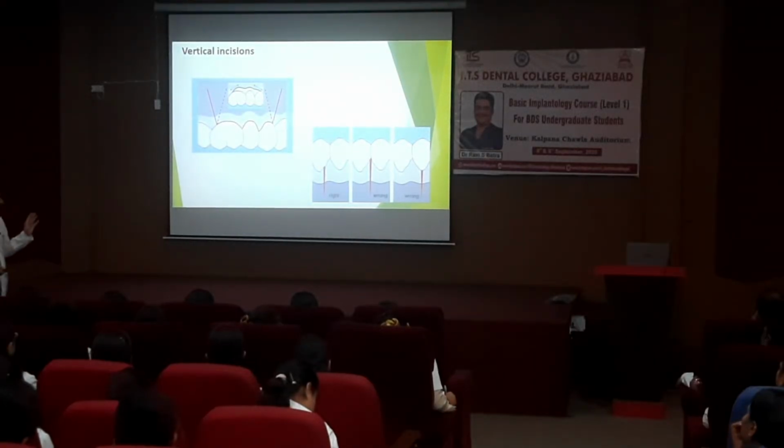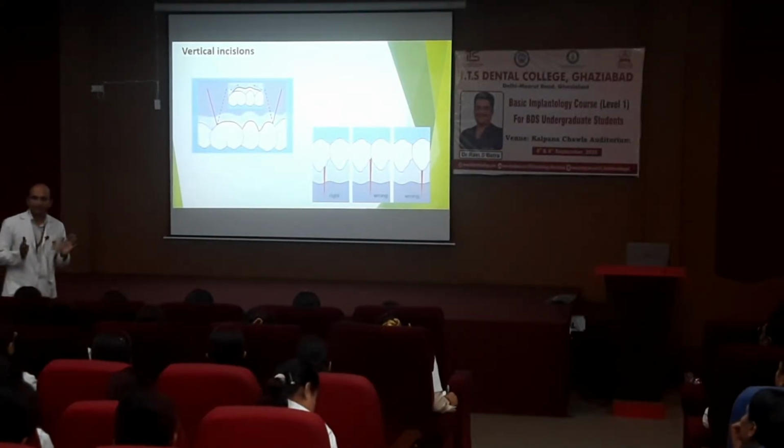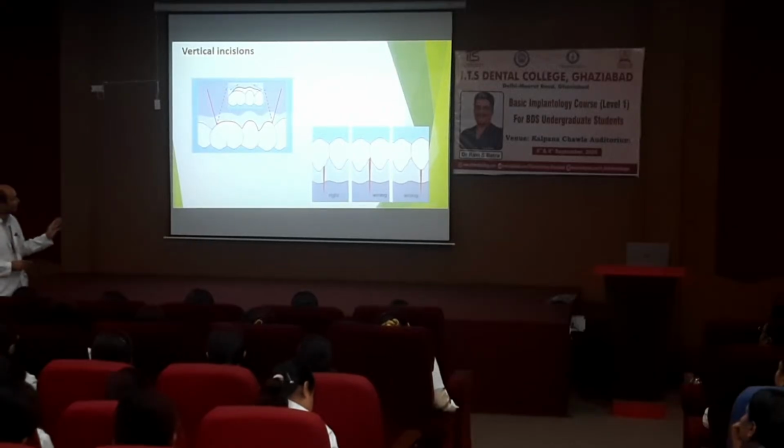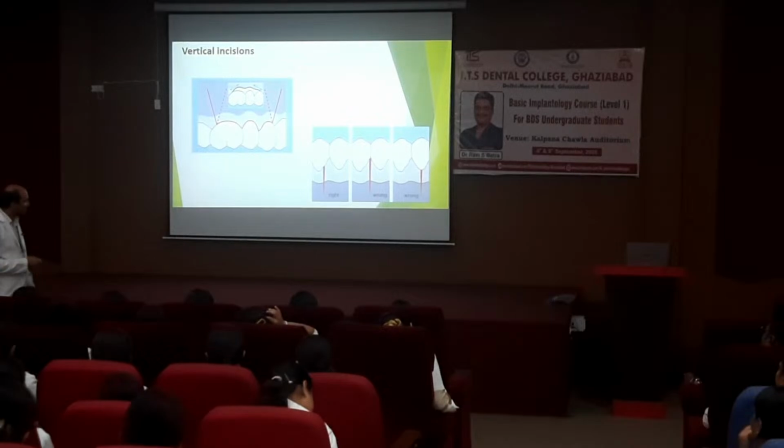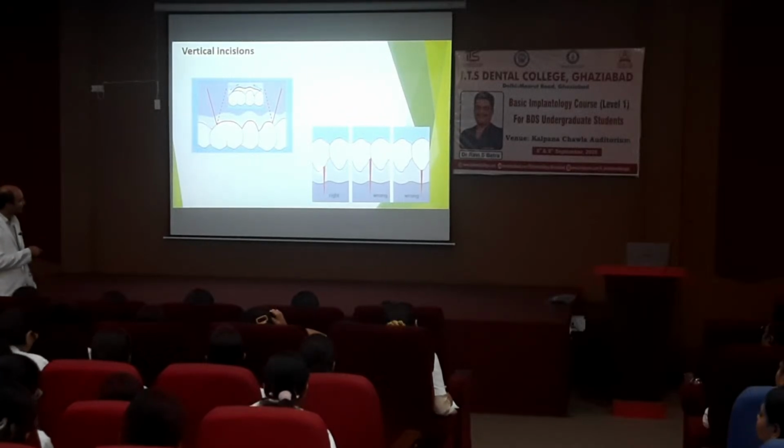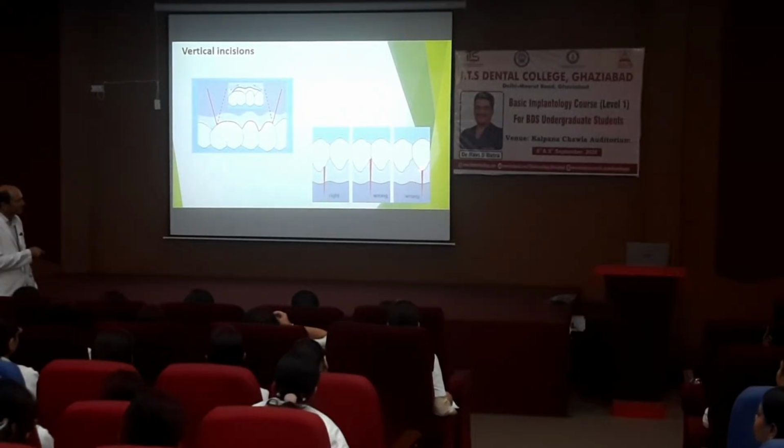Next comes your vertical incisions. So whenever we are giving vertical incisions, there are things you need to keep in mind. So if you are giving it around the papilla, it should be at the line angle. It can't split the papilla like this and can't be on the prominence of the root. Why?